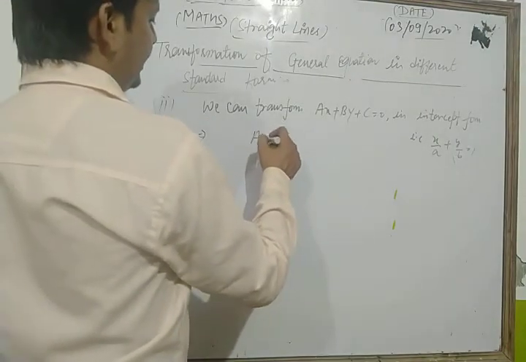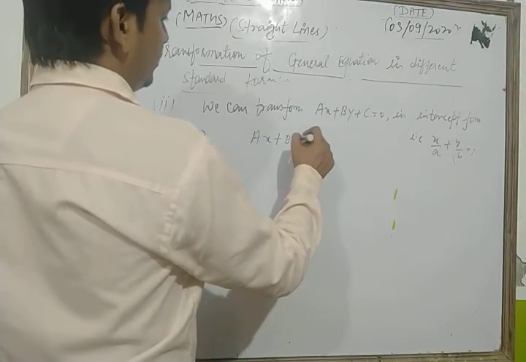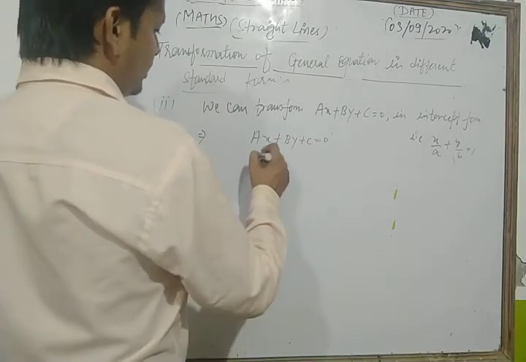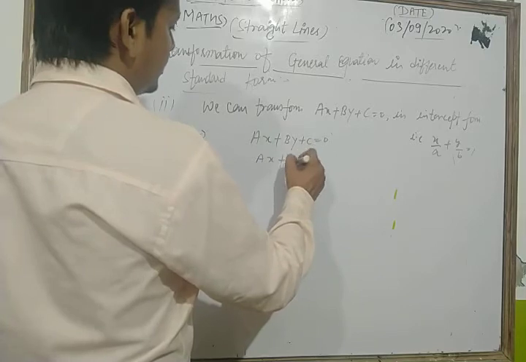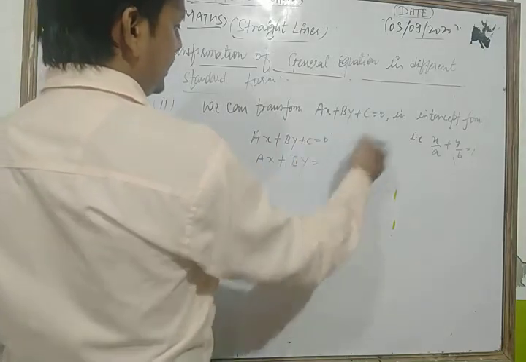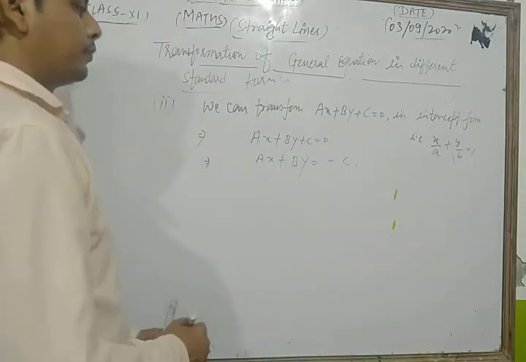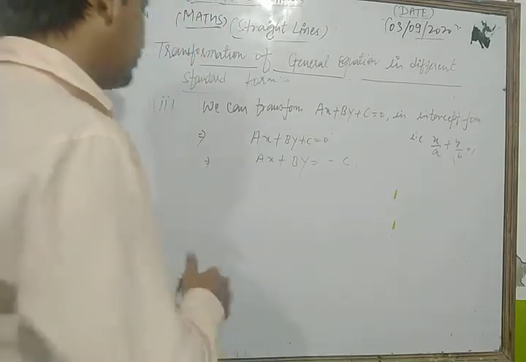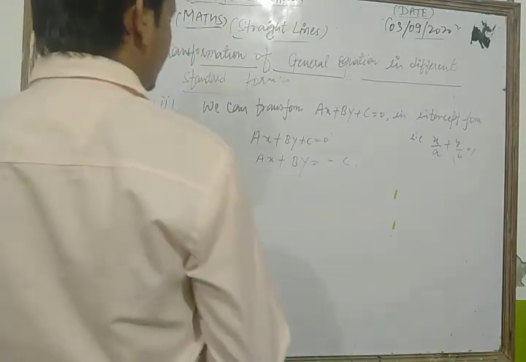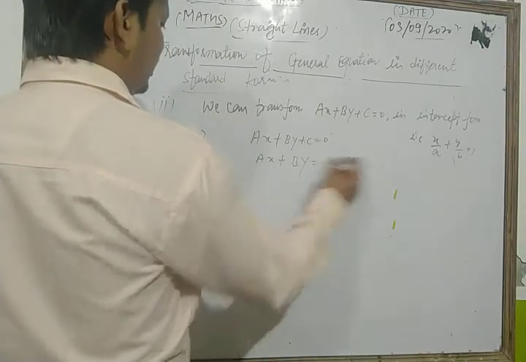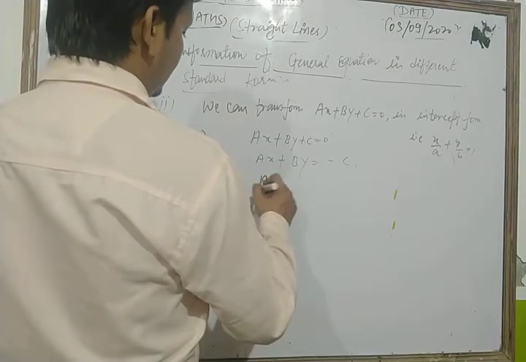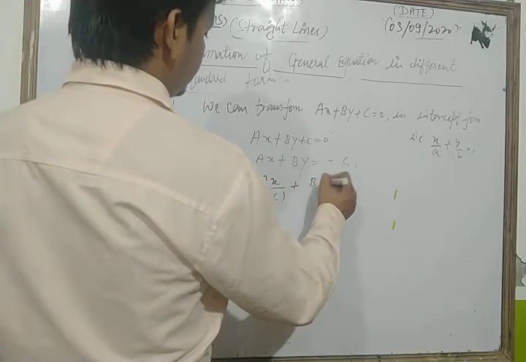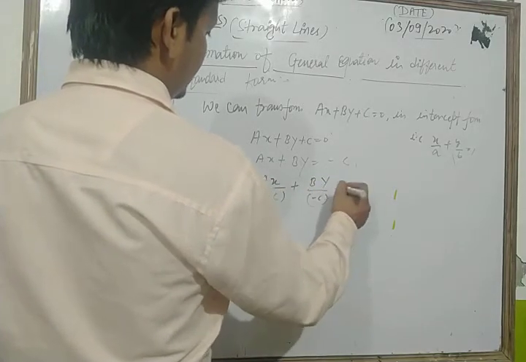Now look, first of all we write ax plus by plus c is equal to 0. Now look what I do: we write ax plus by is equal to minus c, transferring c to that side. Now we divide both sides by minus c, and we get ax upon minus c plus by upon minus c is equal to 1.